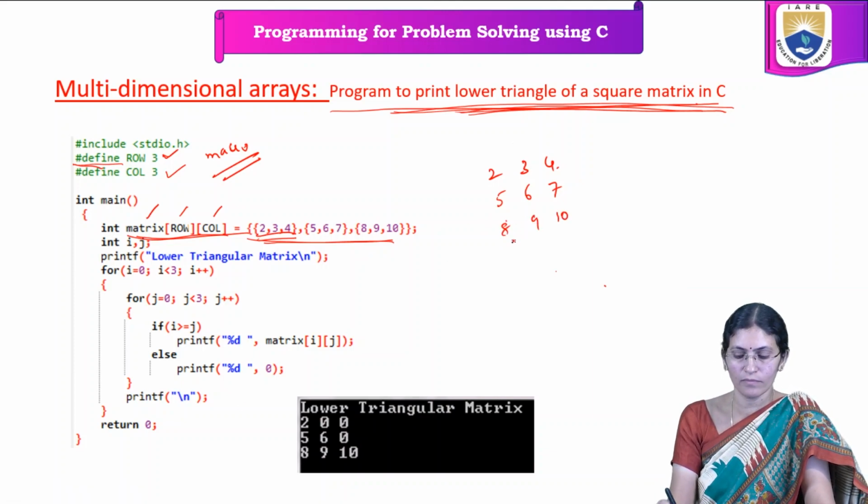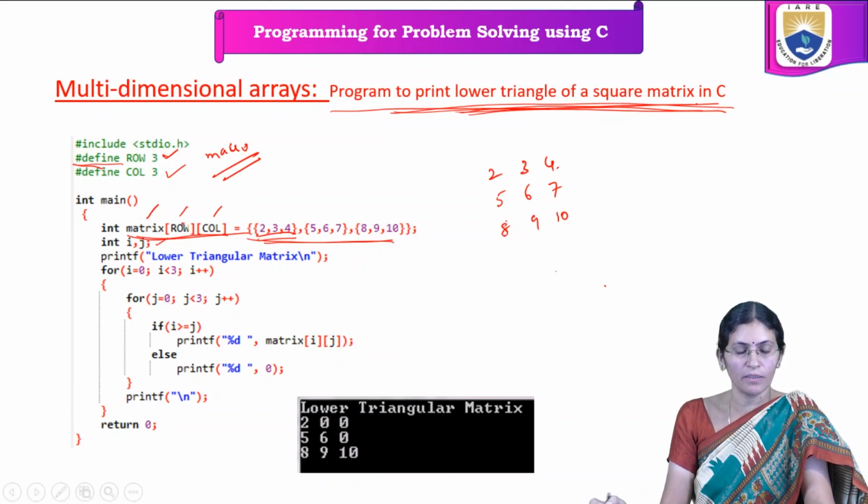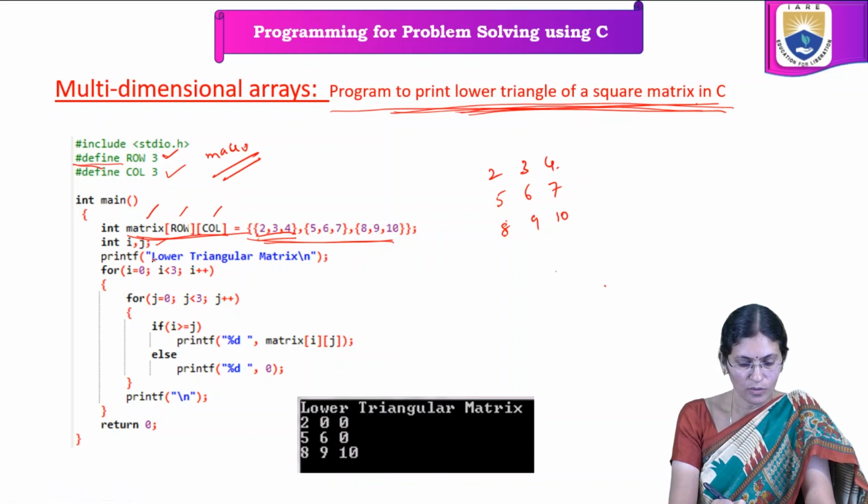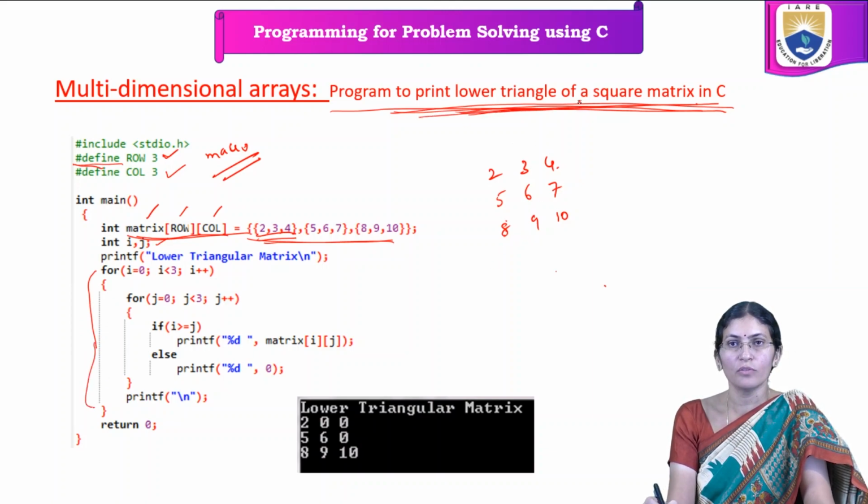So these are the elements which have been initialized, the matrix elements. Again we have declared two variables i and j to iterate over the rows and columns. With this for loop, this is the code which is written to get the output, that is the lower triangle of a square matrix.